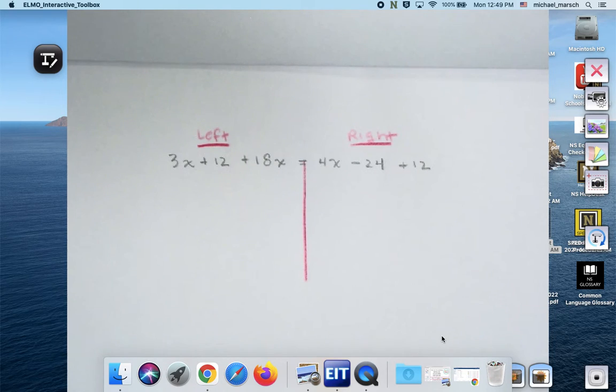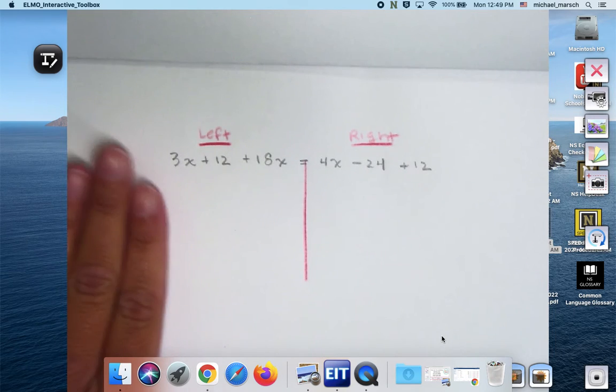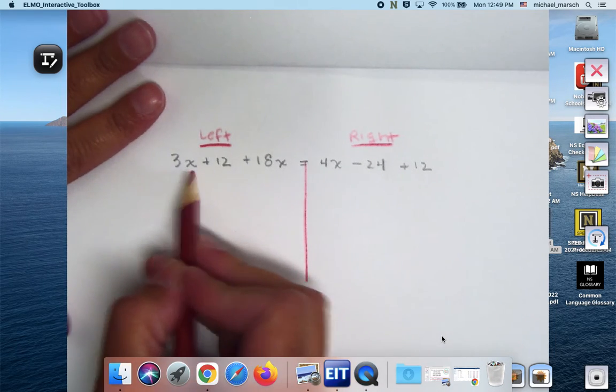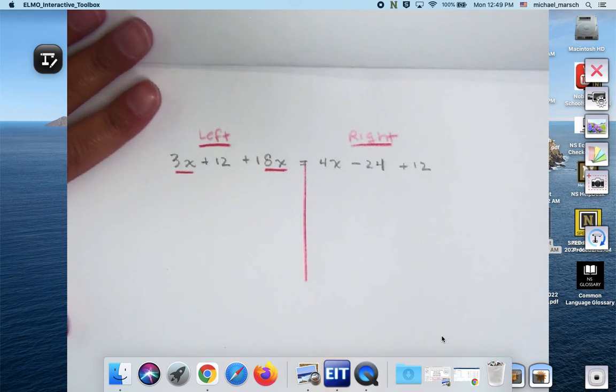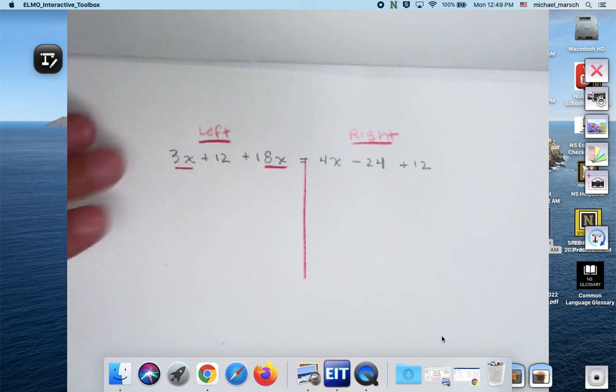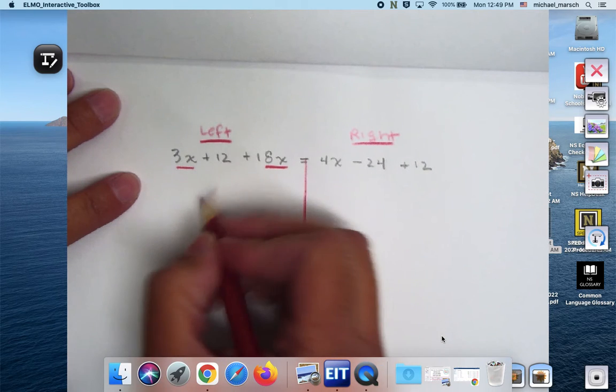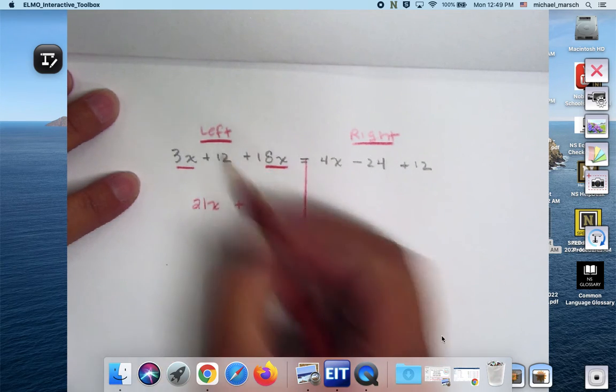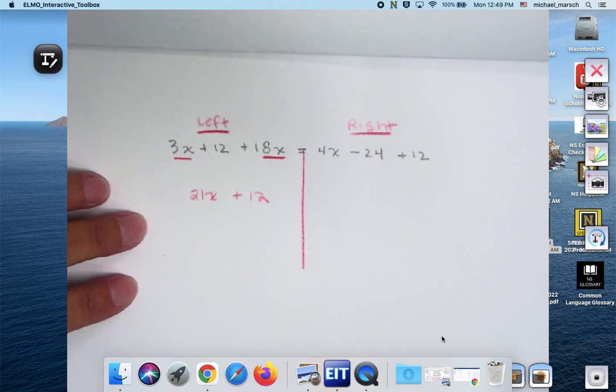So what are my like terms on the left side of my equation? What can I combine on the left side? What two terms? Max? 3x and 18x. Yep, 3x and 18x. I'm not using inverse operations yet. They're on the same side, so I'm just going to add them, and I'm going to get 21x. And then I bring down the plus 12, because it's still part of the equation.